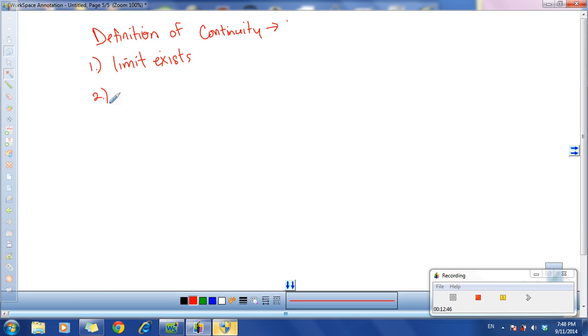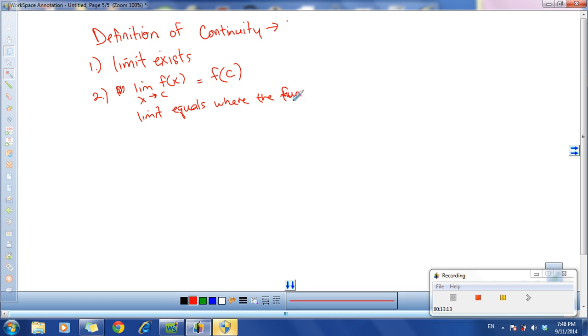It also must say that the limit of my function as x approaches a number must be equal to that point. So in English it says the limit equals where the function is defined.